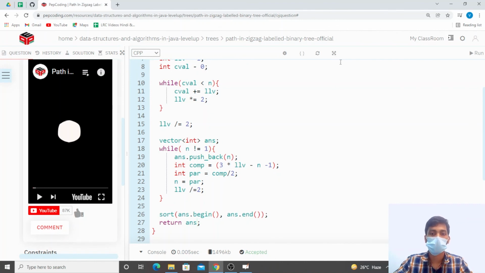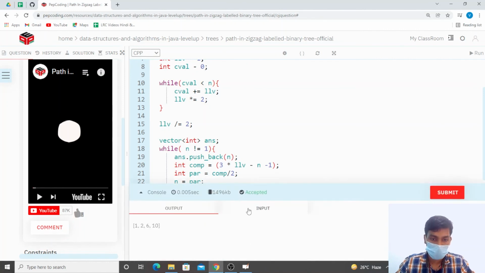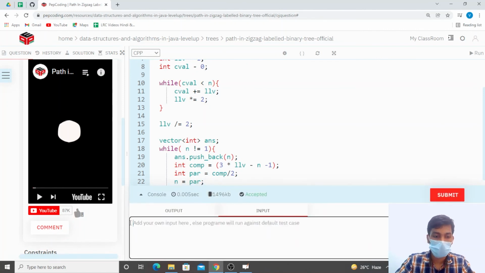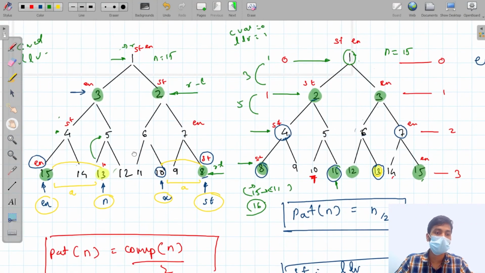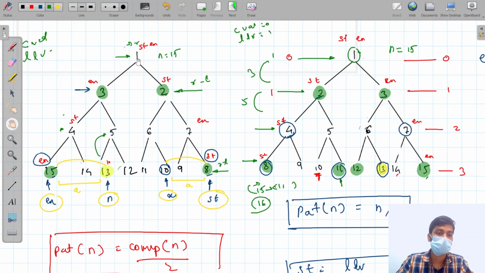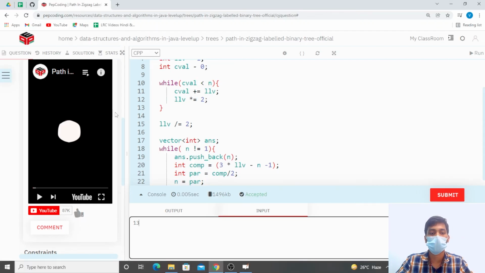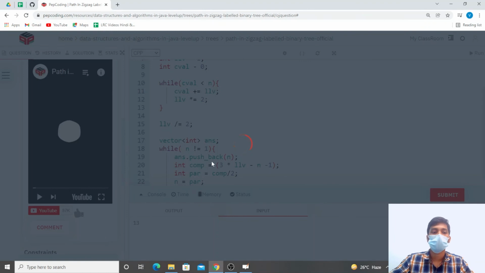What actually is missing? Let's try to figure out. Let's try to run this for 13, since we have done the whole dry run for 13. So what should be the answer? The answer should be 1 3 5 13, right? Let's run this and see what the answer is actually coming.